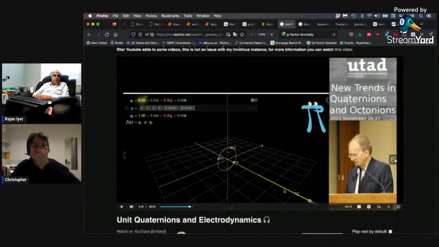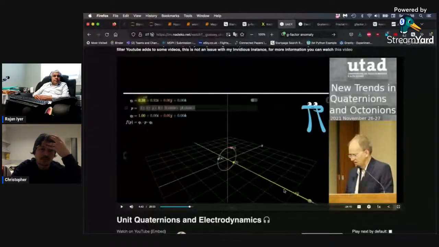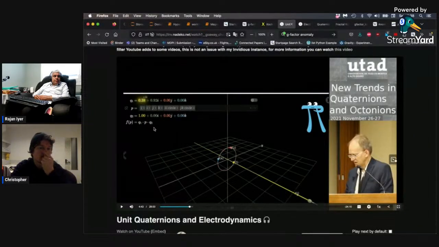So you can see he's using quaternions, left multiplications and right multiplications using just this basic formula here. Now, the interesting thing is he's trying to link this through electrodynamics.